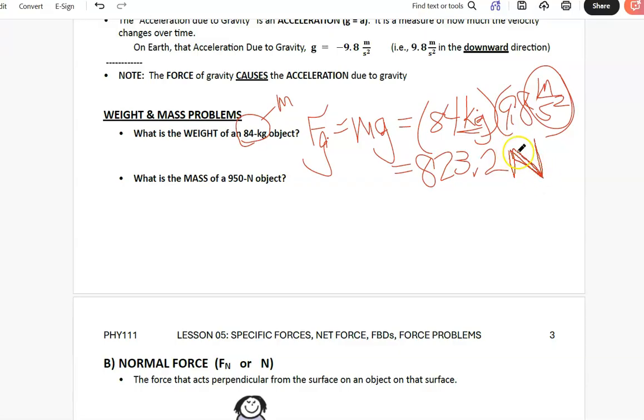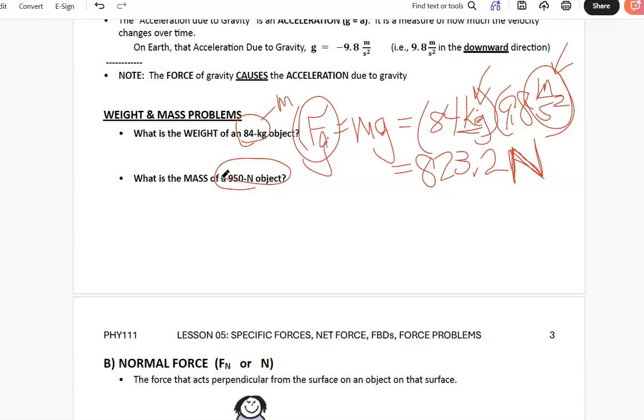But we know from the definition of Newton that that is just a Newton. So instead of keeping track of your units, just remember, I'm calculating a type of force, specifically weight. All forces are measured in newtons. All masses are measured in kilograms. Acceleration is measured in meters per second squared. The second problem, you're given a number of newtons.